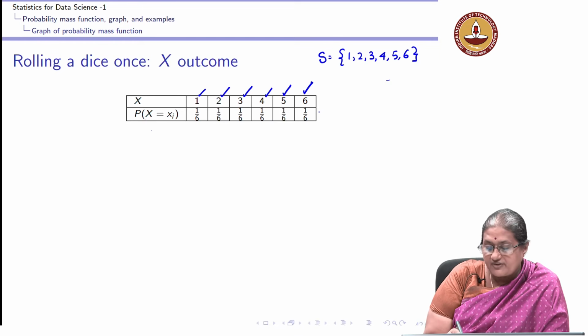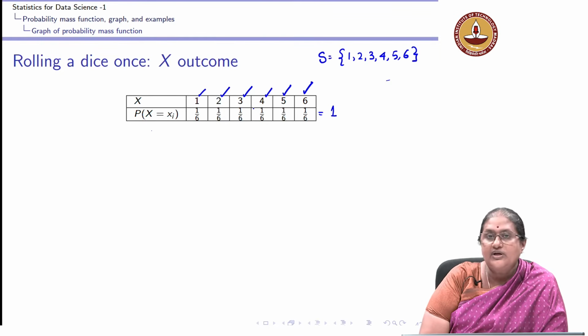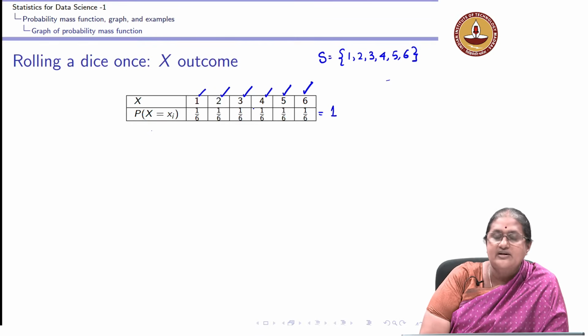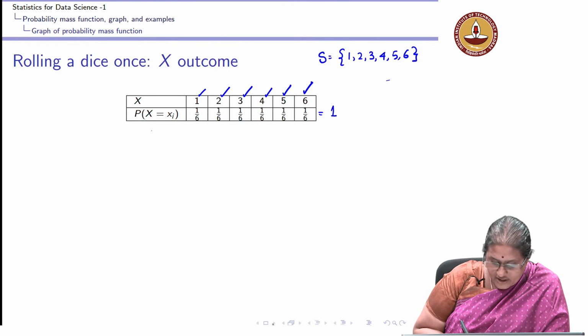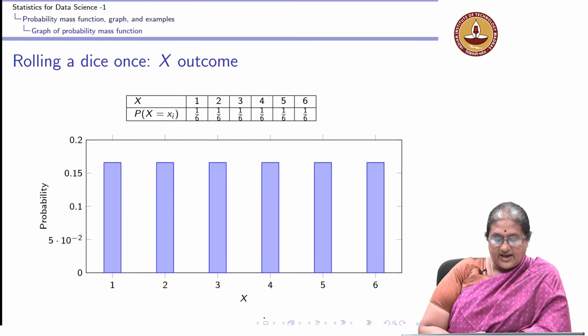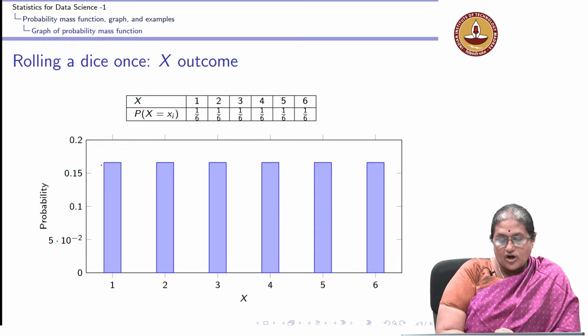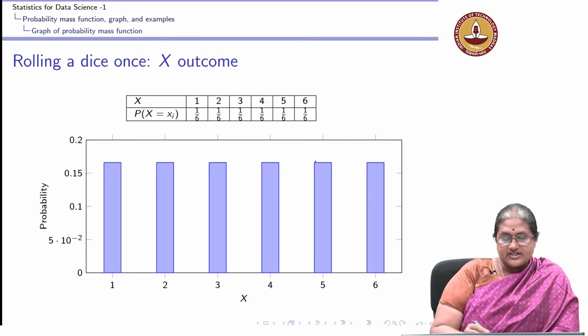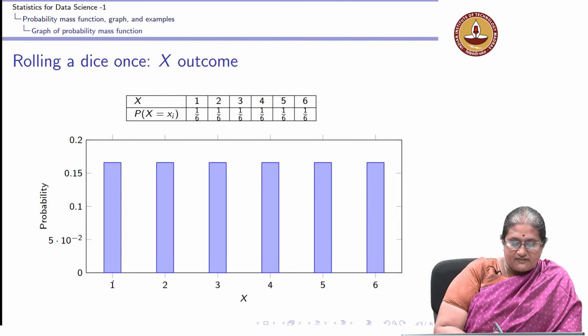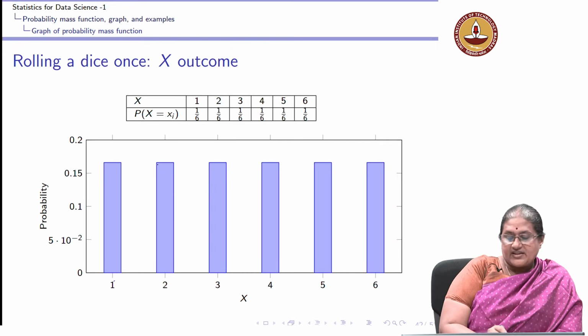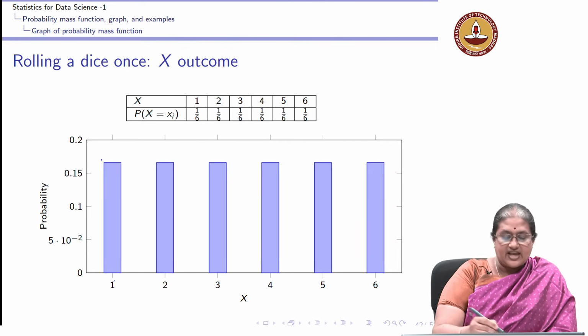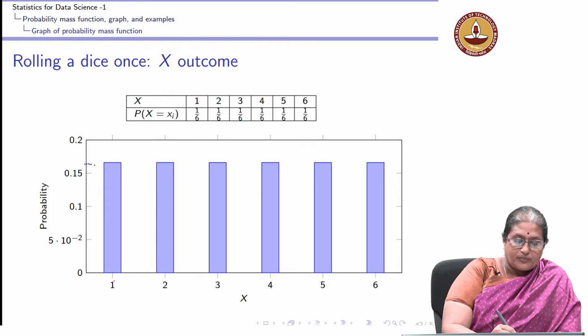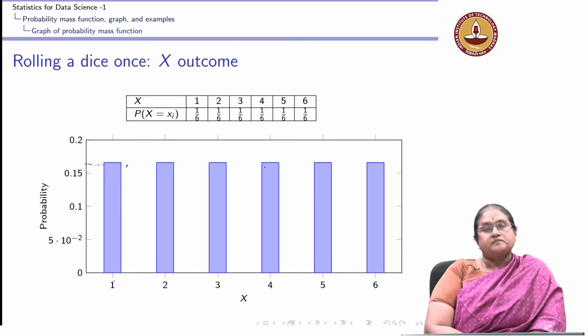We can again verify that the sum is equal to 1. All of them are greater than or equal to 0. All the probabilities are non-negative. Hence, it defines a probability mass function. Now, if I plot this probability mass function, I can see that it is a constant. You can see that for every value x takes, the height of the bars are the same, which is around 1/6.